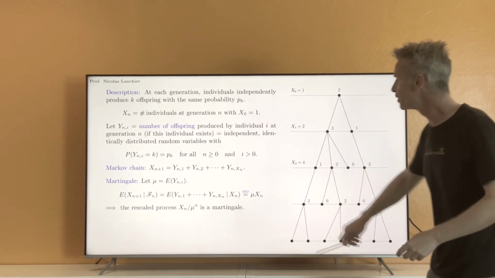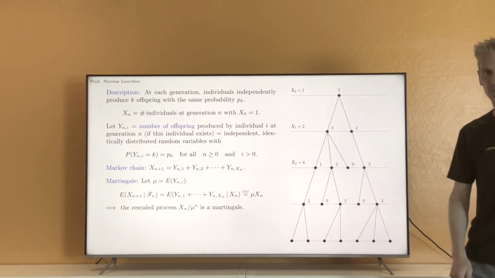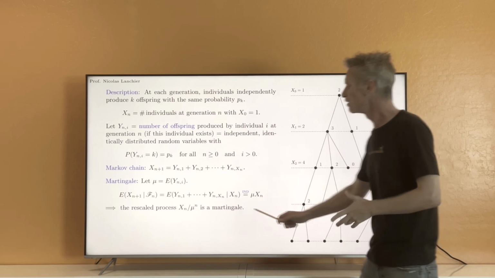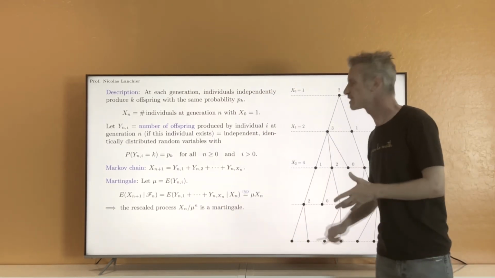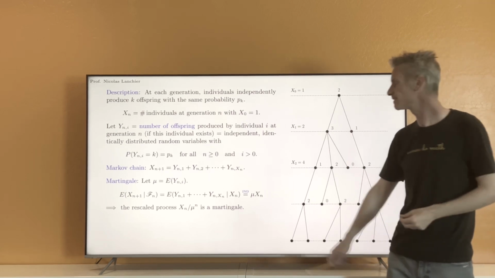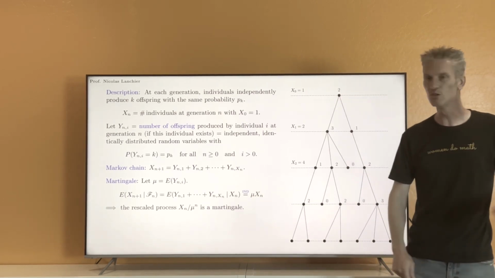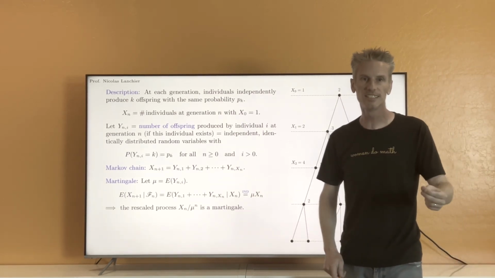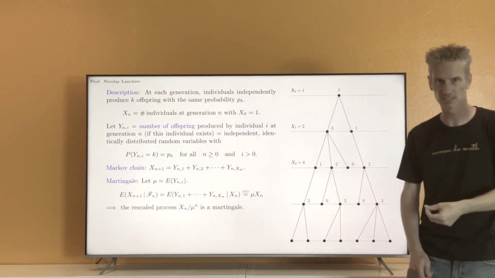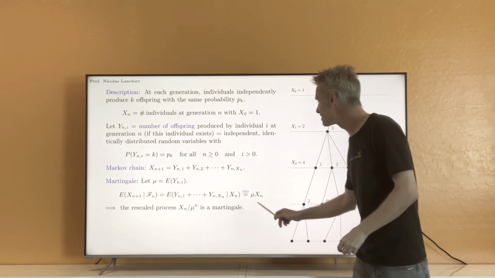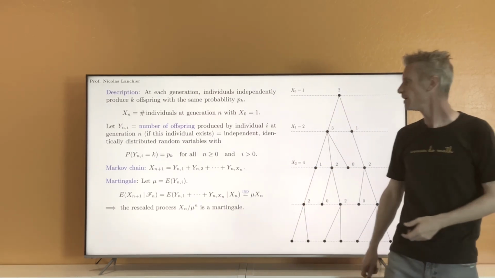Then, going back to this expression, without looking for exactly a martingale, we can also say clearly that, depending on the value of mu, Xn is going to be either a supermartingale, a martingale, or a submartingale. Because that's a positive process.